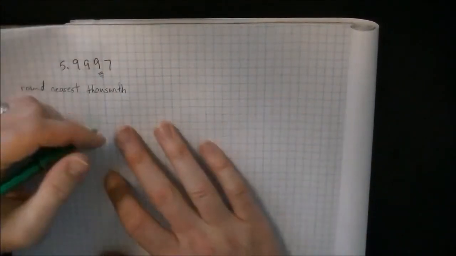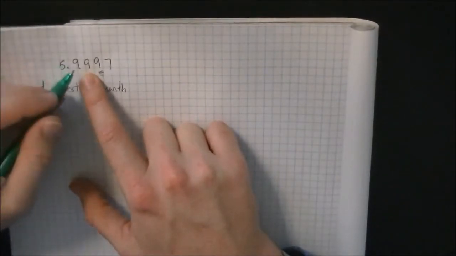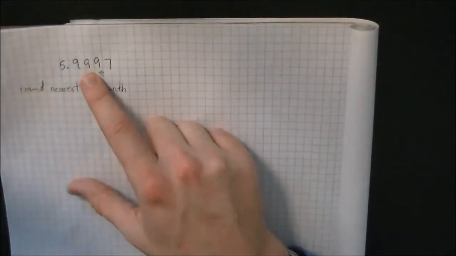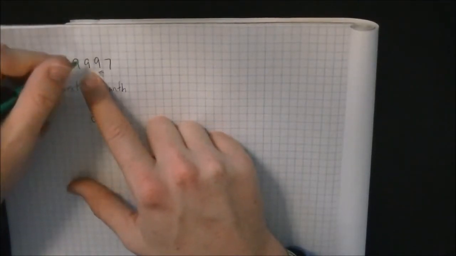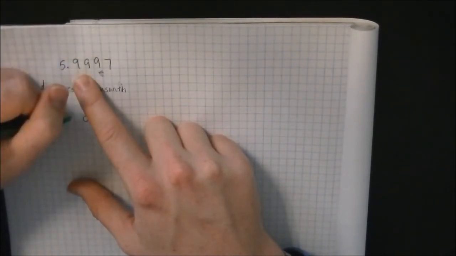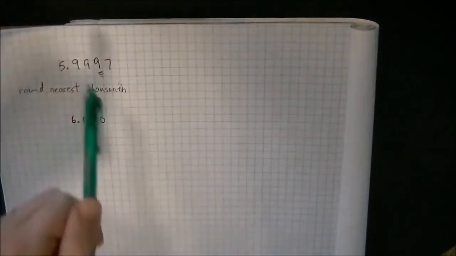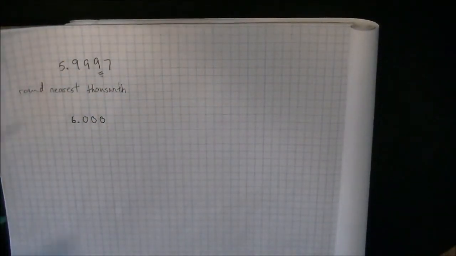So what happens? Well, this rounds up to 10, which then the 1 carries over to this 9, which turns into a 10, which the 1 carries over and turns into a 10 again, and so 5 becomes a 6. So rounding this to the nearest thousandth ends up being 6.000.